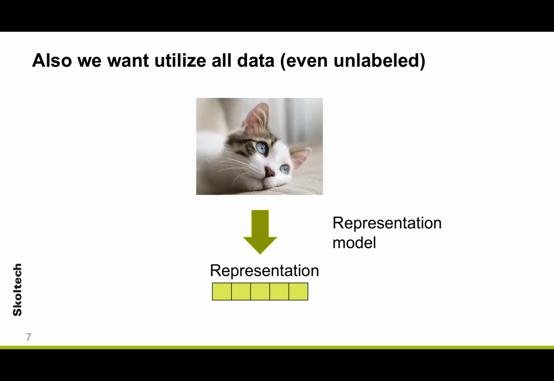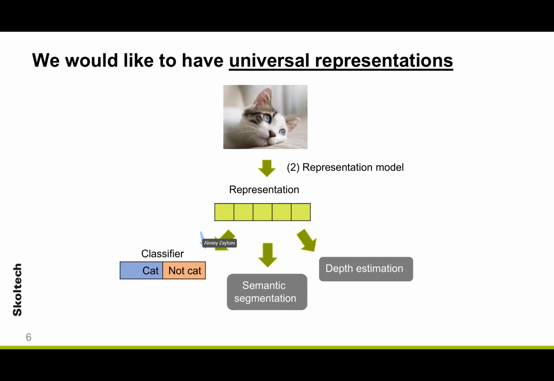From this idea naturally comes another idea: if we want universal representations that solve a lot of problems, we should not focus on a particular problem. And there are some challenges: if we want to associate a loss function with each problem, it's hard to combine them all in one simple loss function. So just weighting does not work all the time.